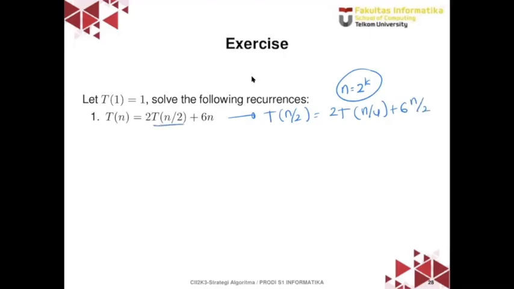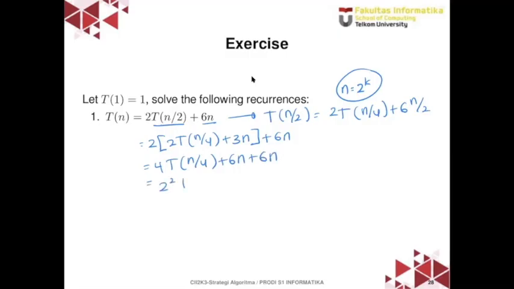So we can substitute this to 2T(n/4) plus 3n plus 6n. And the 6n is from here. So this is equal to this, and we can write it like this.